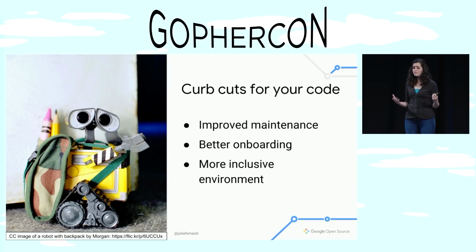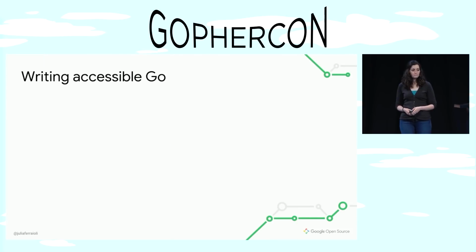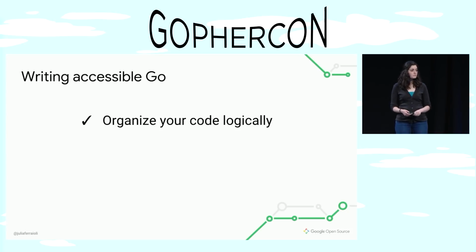And it does make for a more inclusive environment. Thinking about these things up front helps when you've got people considering joining the team, considering contributing to your open source project, et cetera. So, the three notes for writing accessible Go. Organize your code logically.